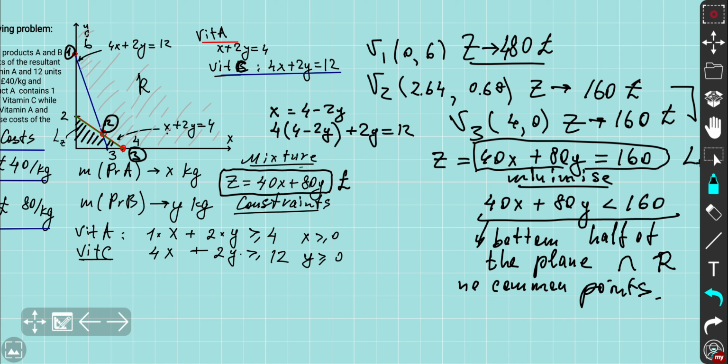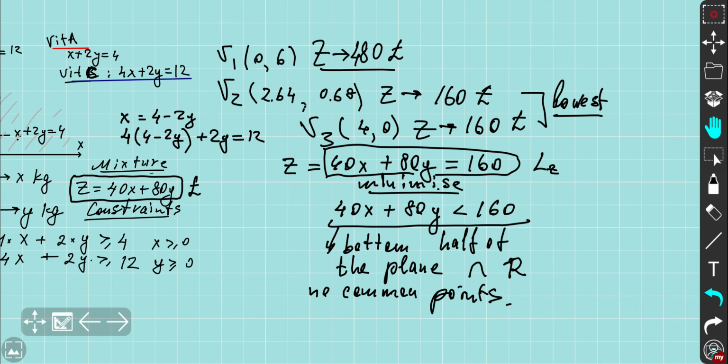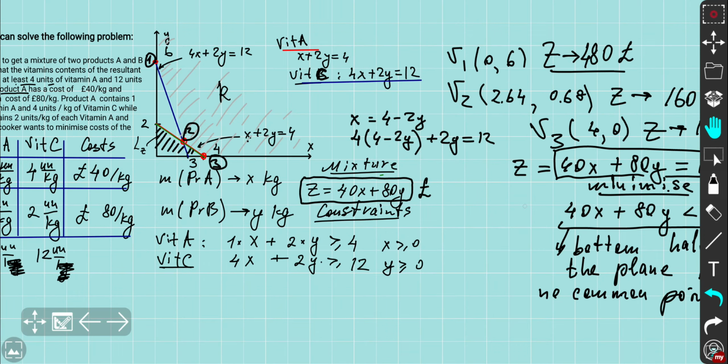So what does it mean in terms of the solution? Basically that's going to be the minimum. Let's remember the case that I explained before. Because the minimum for Z occurs at two vertices, V2 and V3, let's go back to the graph.